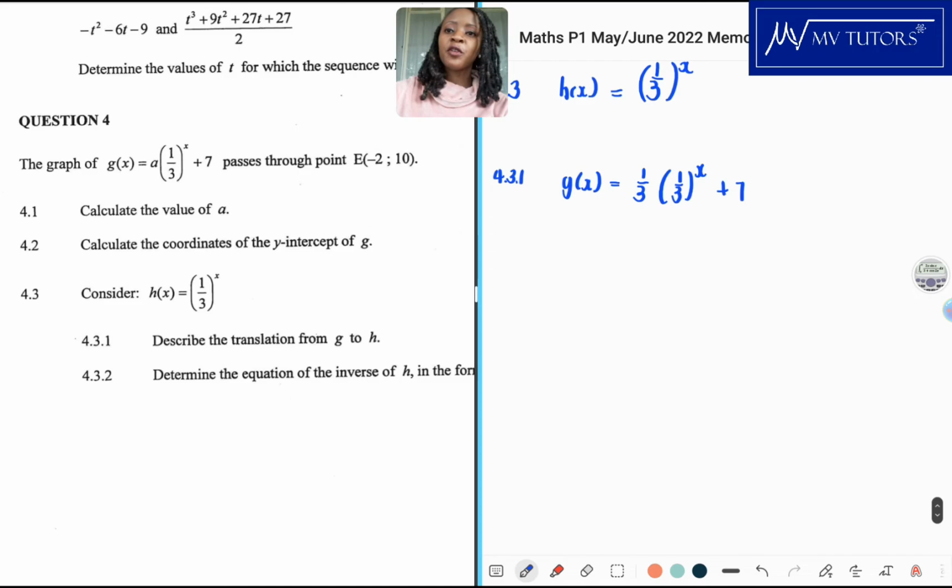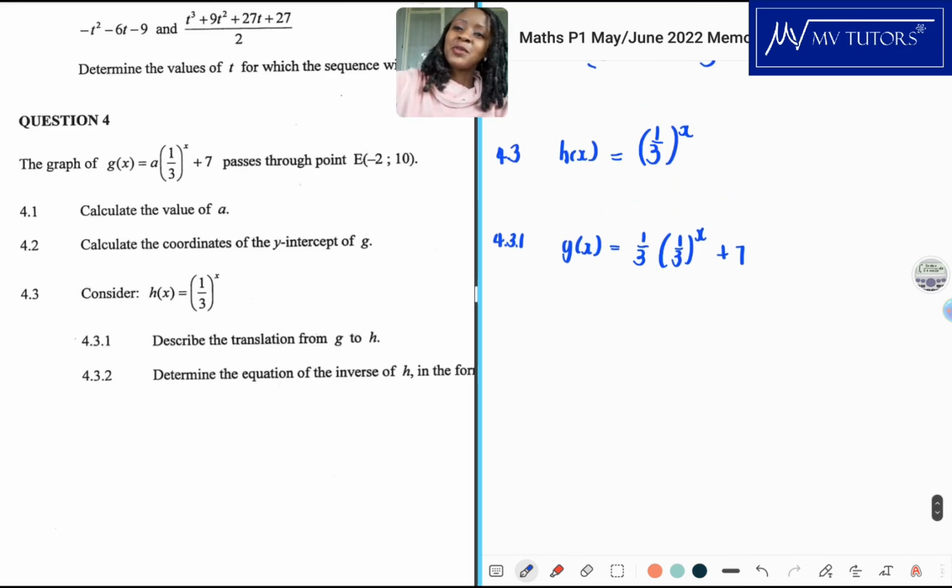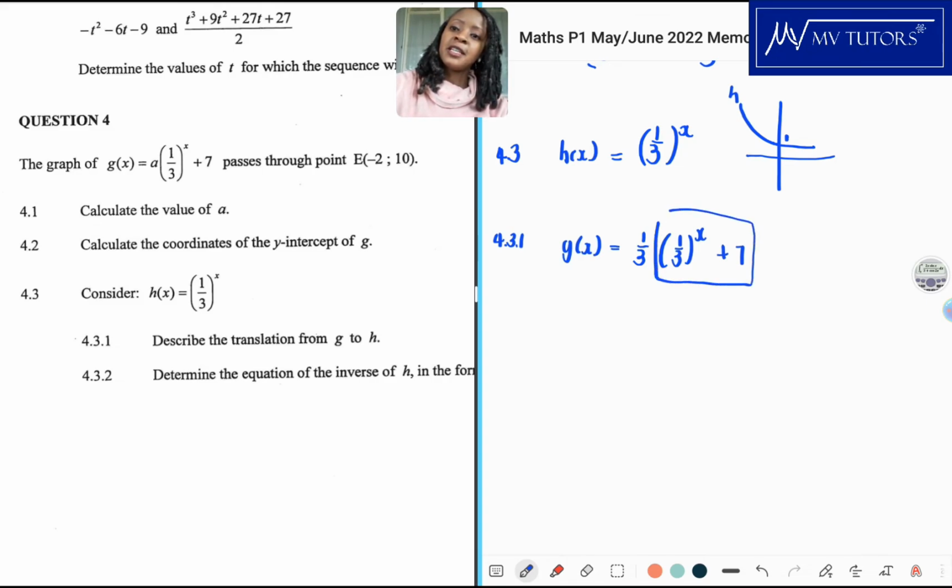If you plot h, like I showed you previously, h will pretty much be something like that. It passes through 1. g on the other hand, if you take this alone, g already moved 7 units up. It's like h moving 7 units up.